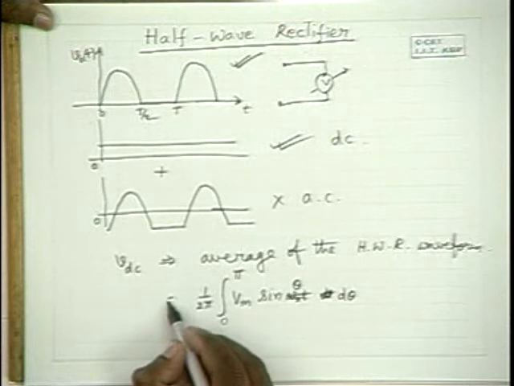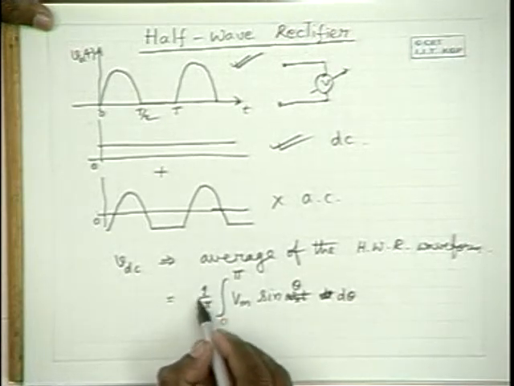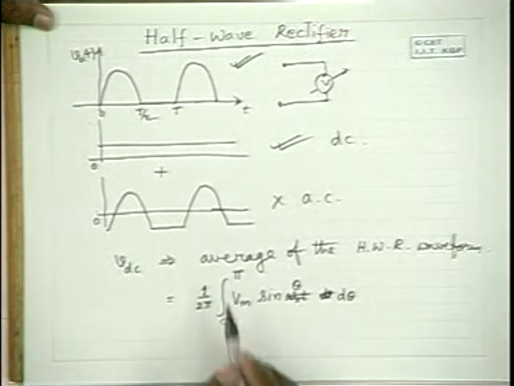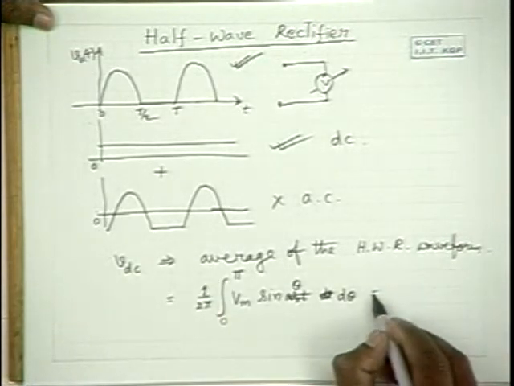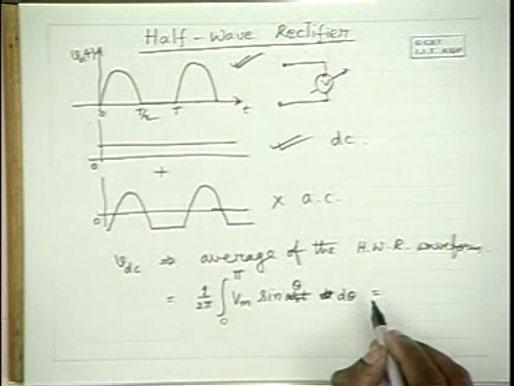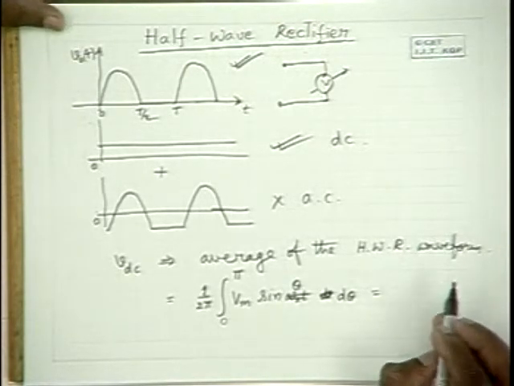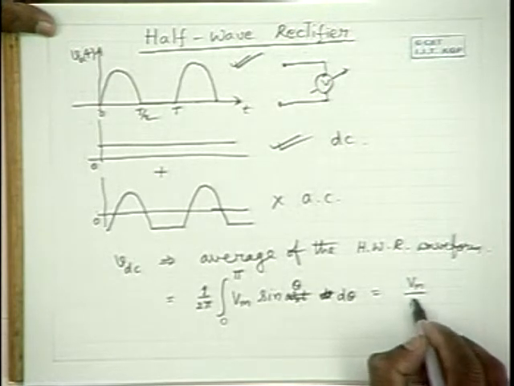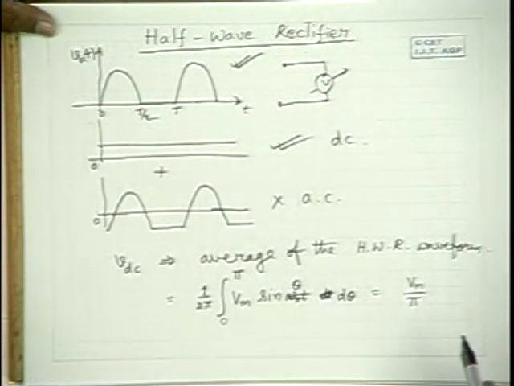This is the DC component, and while averaging out, I will be averaging it over a period of 2 pi. So this is the average. If you do this integration, you will find that this is equal to Vm by pi. This is what you get.